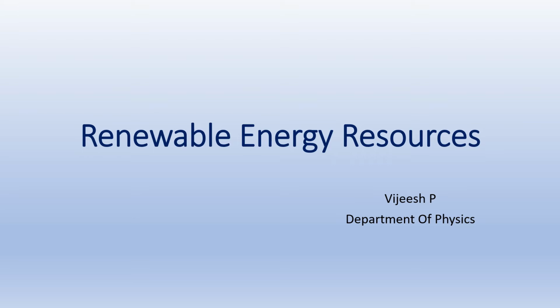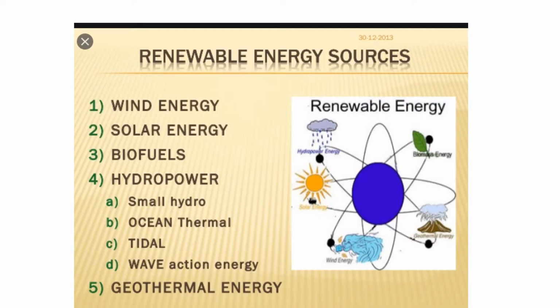Poverty reduction and enhanced standard of living. Health related benefits come with the use of renewable energy resources because the production of hazardous gases is less in this case. It helps other sectors to benefit from these renewable energy sources. So what are the main renewable energy sources?